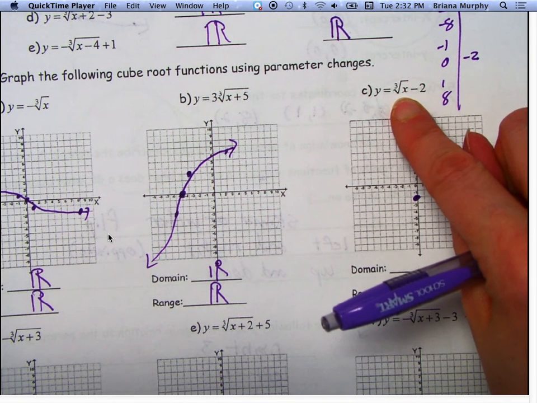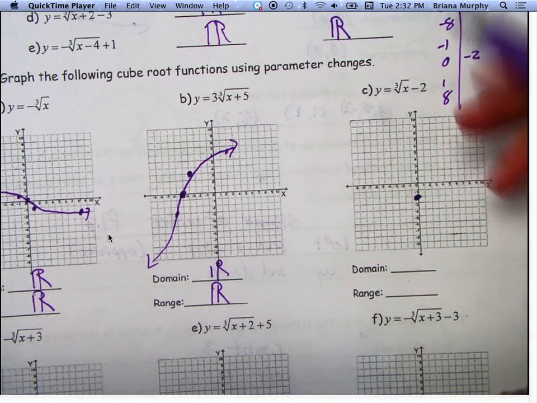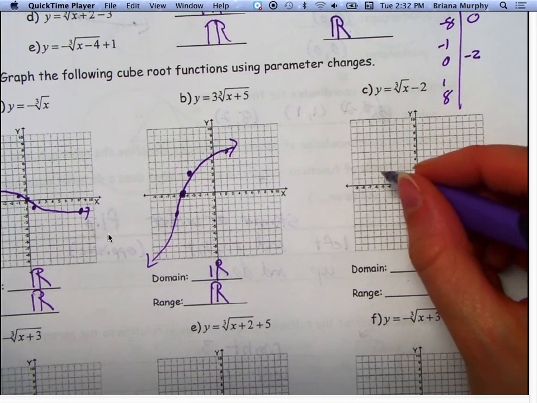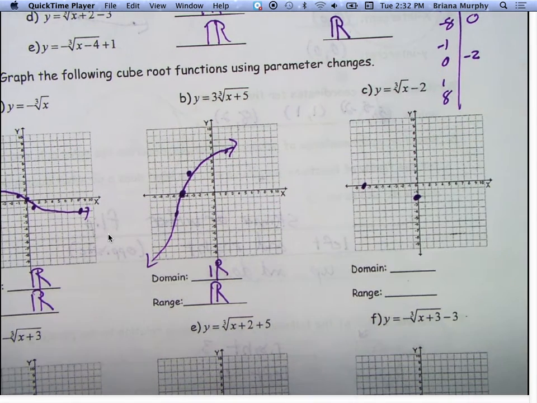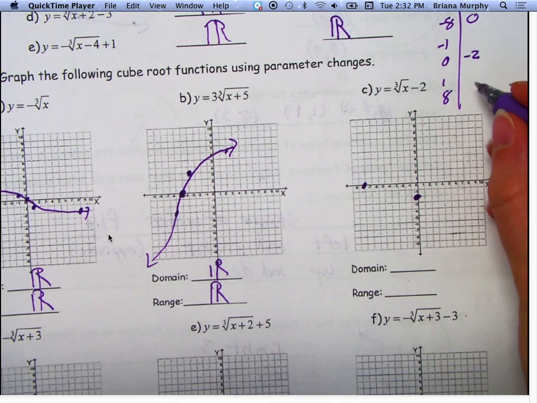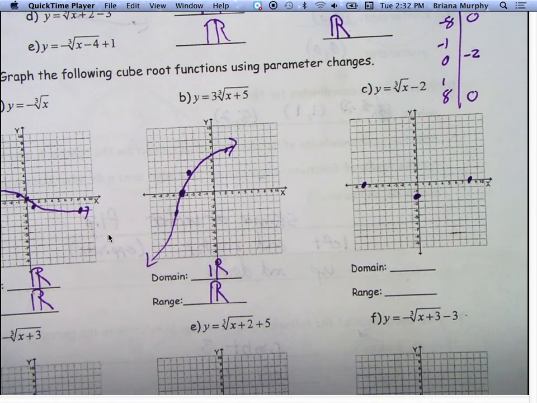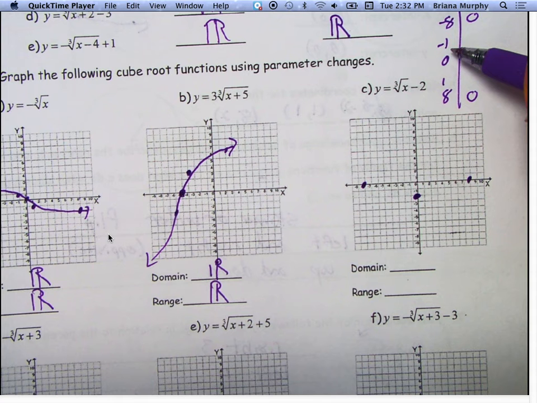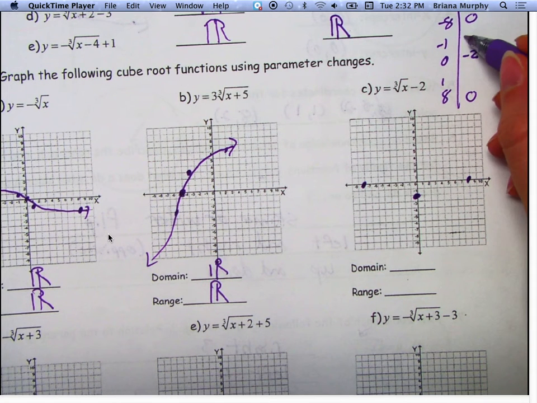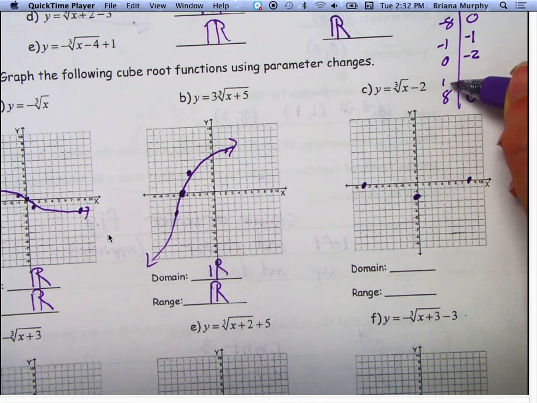The cube root of negative 8 is negative 2. Oh, you can also put the table for this too? Yeah, Grace asked me specifically. The cube root of 8 is 2. 2 minus 2 is 0. The cube root of negative 1 is negative 1.